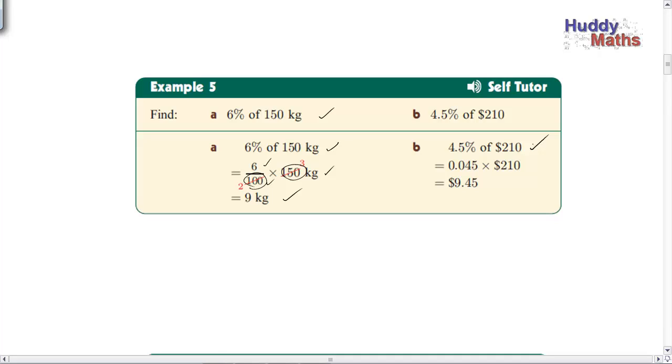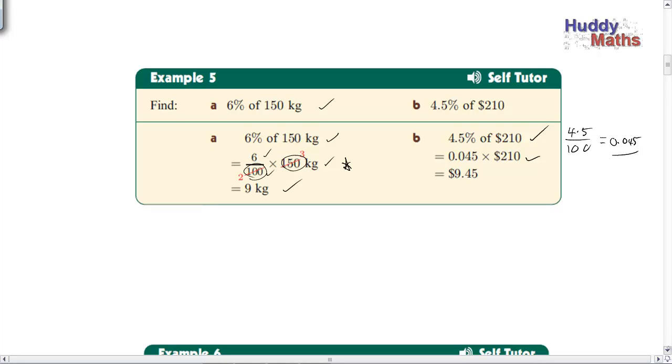You might choose to do that as a decimal, and then on the calculator, 4.5% is 4.5 out of 100, divide by 100, and that's equivalent to 0.045, the decimal fraction if you like. So you can then multiply that by 210 on the calculator. A couple of ways of doing them, in other words. If it cancels like this, that's probably the best way of looking at it.